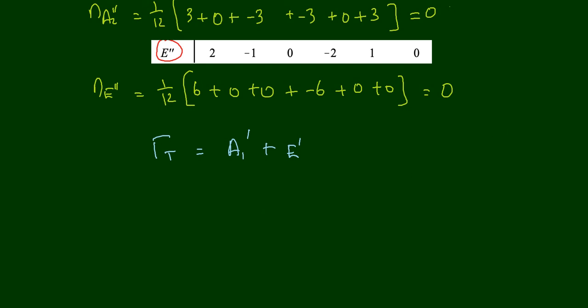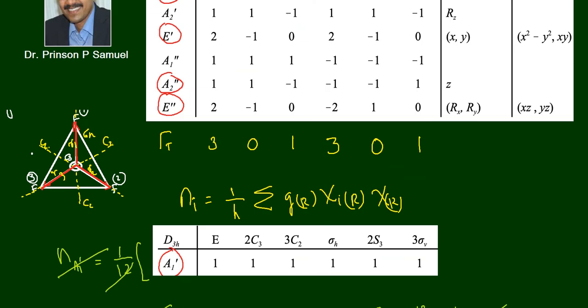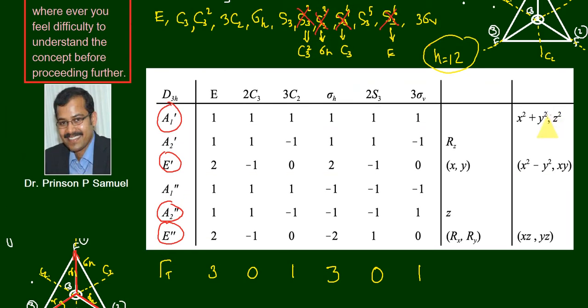And now what are the atomic orbitals corresponding to A1 dash and E dash? That we can get from the character table. Corresponding to A1 dash, we have dz square. In addition to that, we have s orbital also, because s orbital is totally symmetric.